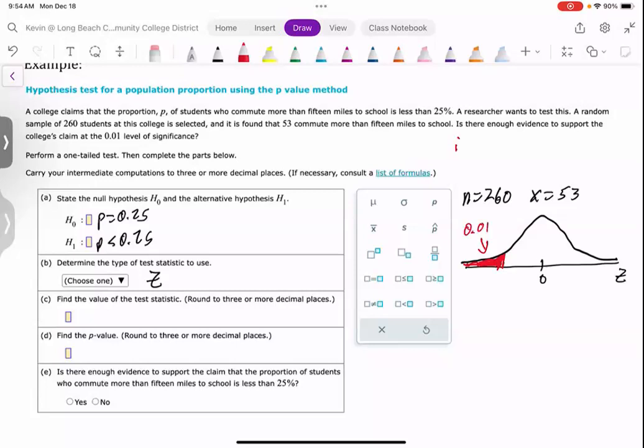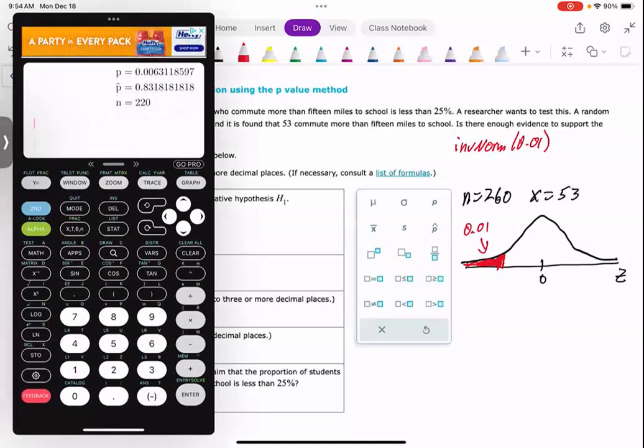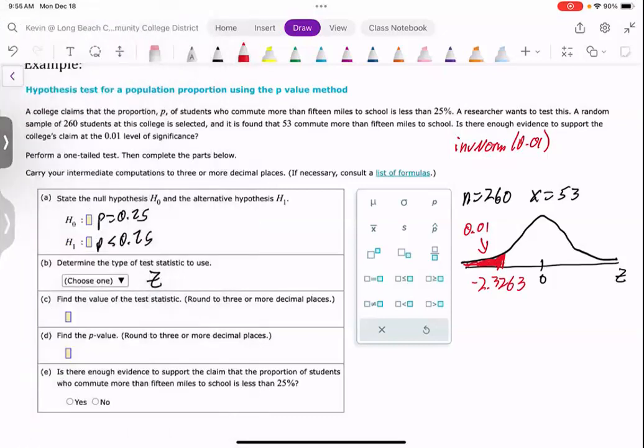So I need to use inverse norm to get our critical value. This is a negative 2.3263. And so once again, we are going to run a one proportion z-test.